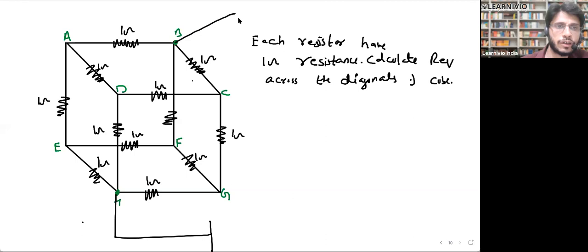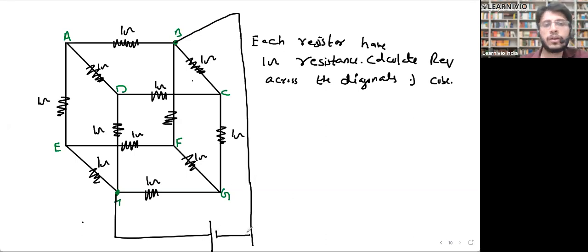The cell is not given. The points across which you are supposed to calculate equivalent resistance, connect a virtual cell across those points. Let's say the EMF of the cell is E. Some current I is going through the cell. Somehow you have to calculate the value of I. If you can calculate I, then the ratio of E and I will give you equivalent resistance.